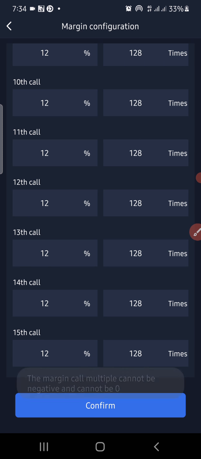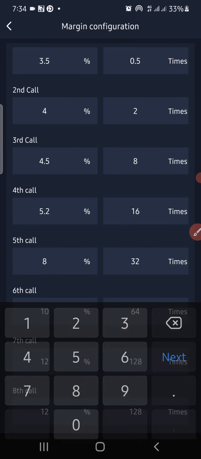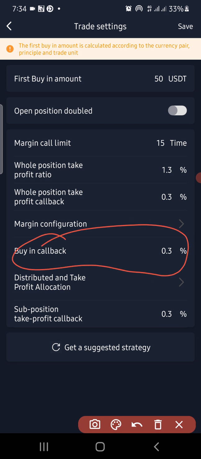Then you come down and click confirm. Now, buy in call back here means after the bot sold for me, it discovered that the market price is increasing again. By what percentage should it increase before it buys the coin back for me? 0.3%.